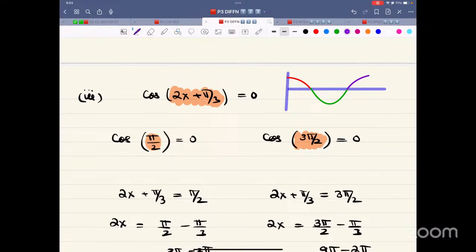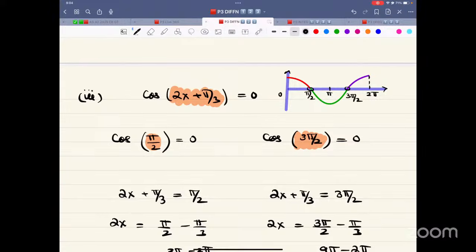Okay, now over here, if I mark it, this is 2 pi, this is 0, this is pi, this is pi by 2, this is 3 pi by 2. Now have a good look.